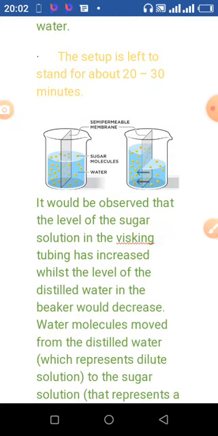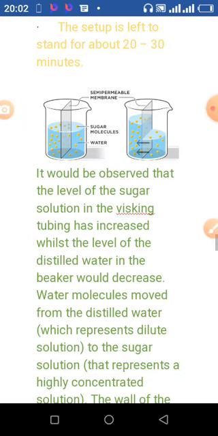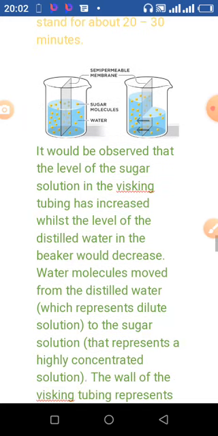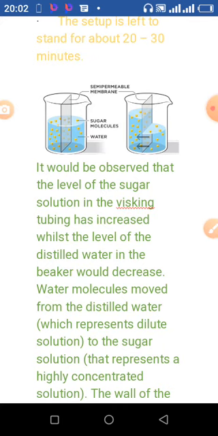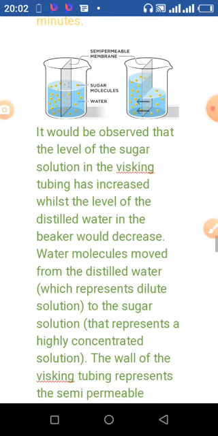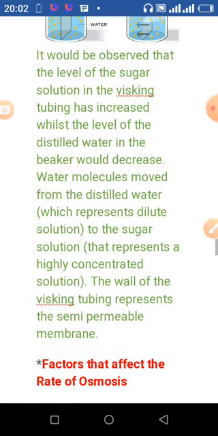This is an example of osmosis occurring, whereby the water moves from the other part to this part in order for this place to become stable.